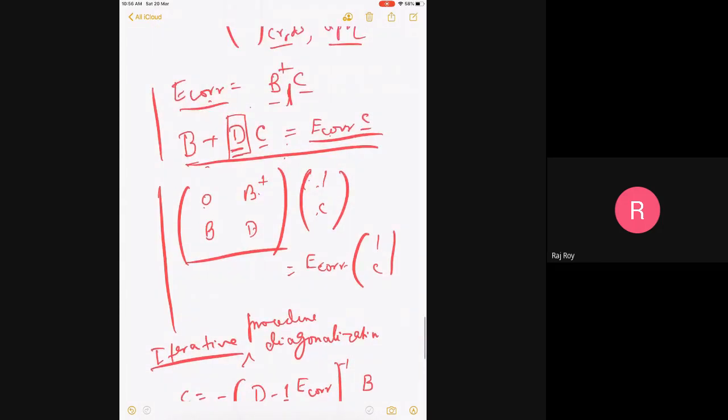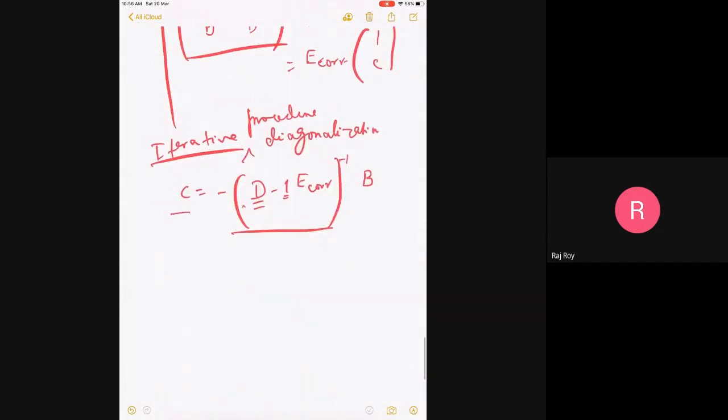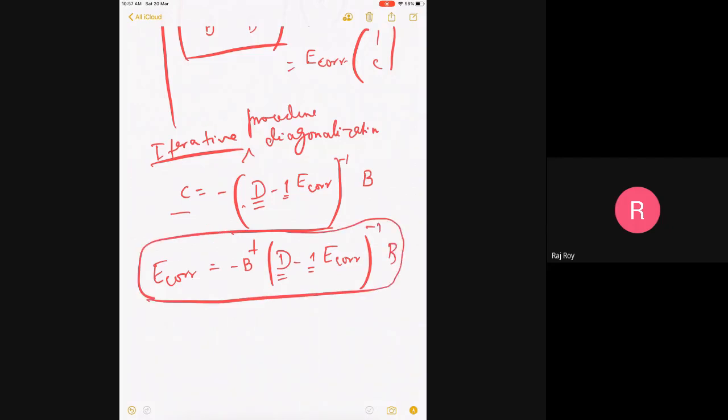C, substitute back here, you get E correlation. So E correlation will then become minus B dagger, and then you put this D minus identity E correlation inverse B. So this becomes an iterative equation for E correlation. Why is it iterative? Because I don't know E correlation. I have to keep iterating.